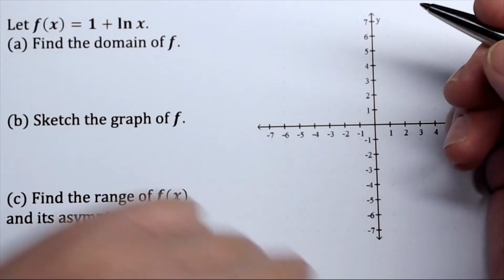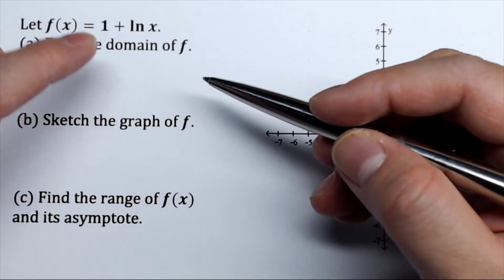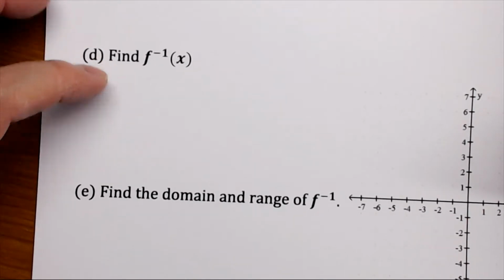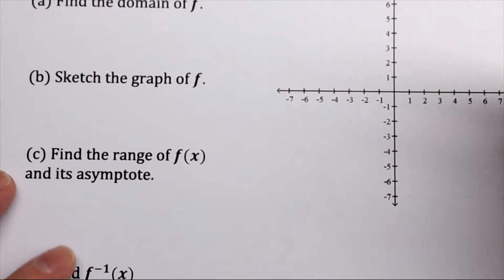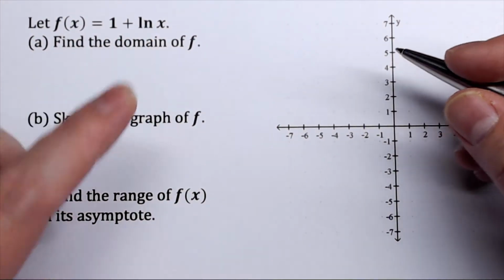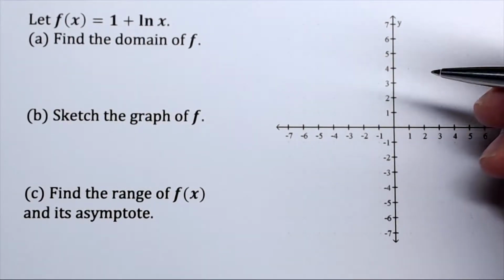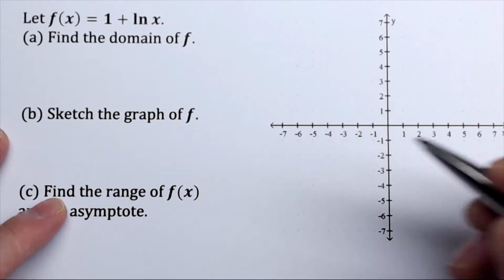So the question asks us how many students will have heard the rumor after 3 days. So pretty much we will let d equal 3, and then we find the value of the function.